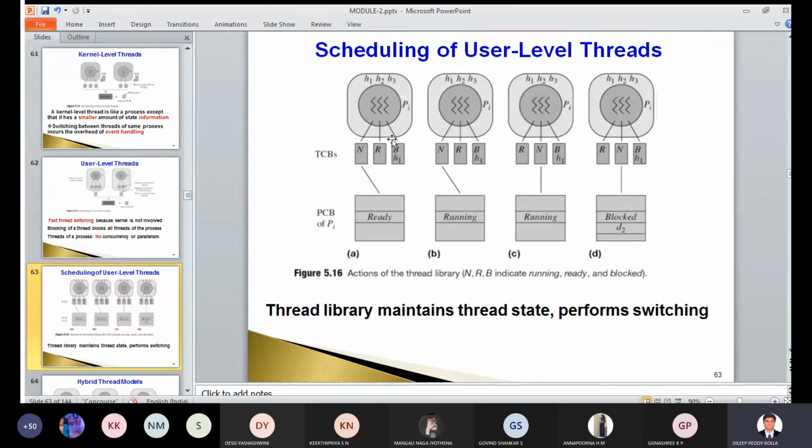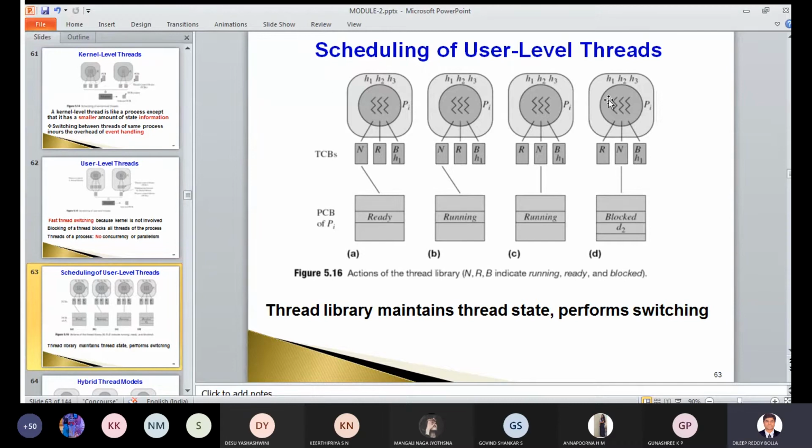So this thread control block will say which is running, which is blocked, or which is ready. We have H1, H2, H3, which are the states of these threads.